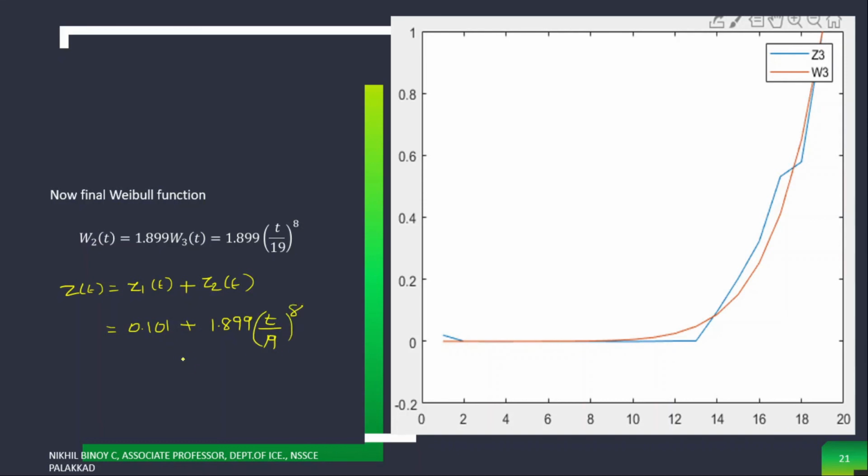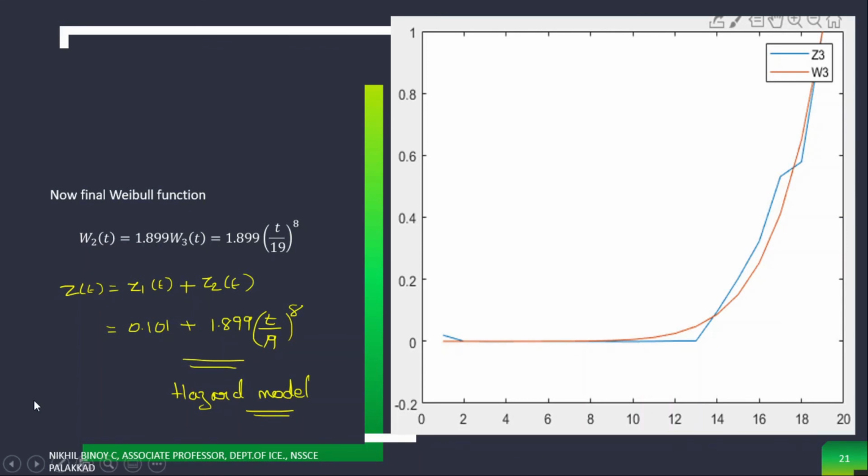So this one is our final model. The failure data model is 0.101 plus 1.899 into t by 19 raised to 8. So this one is the hazard model of table 1.